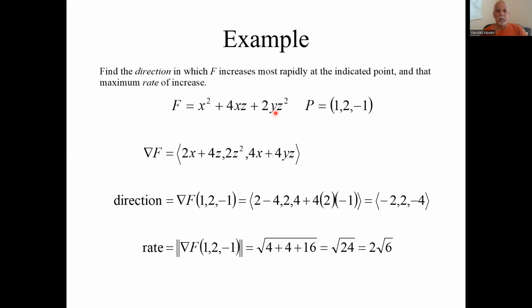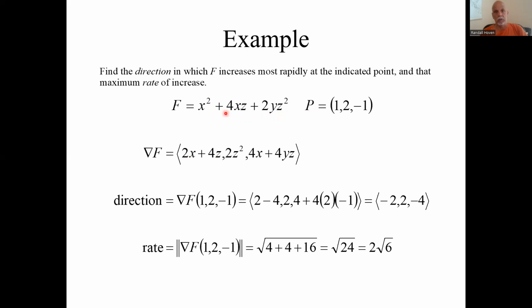So here's the function. Find its gradient. It'll be 2x. By the way, you've got to take the partial over all terms. 2x plus 4z, the x part. The y part is 2z squared.